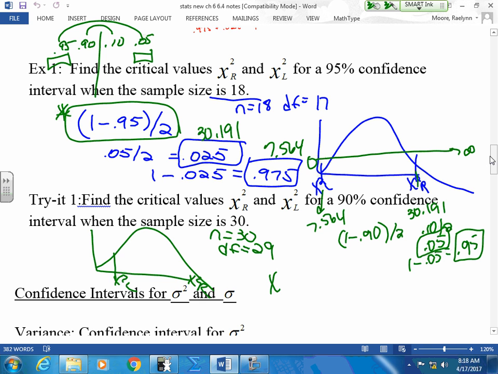I need my X2L. I need my X2R. My smaller number goes on which one? The left. So I look up in my chart, degrees of freedom 29. I follow which one's going to come first on the top left, 0.95 or 0.05.